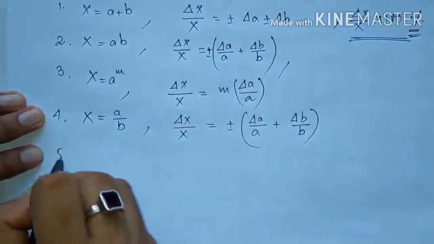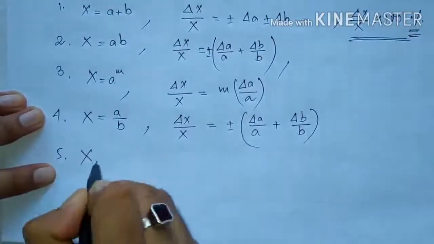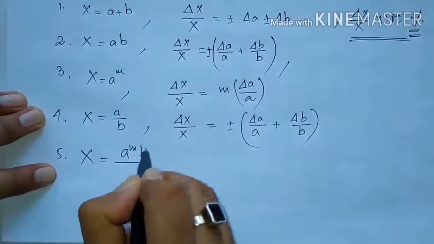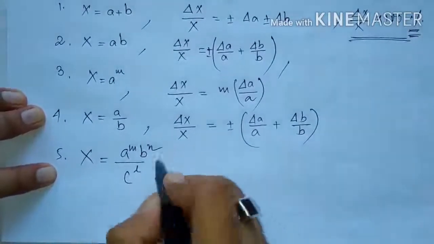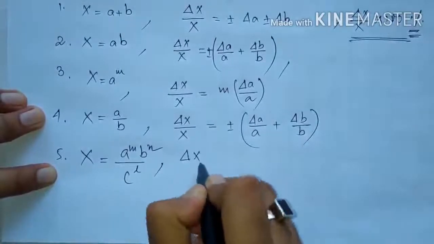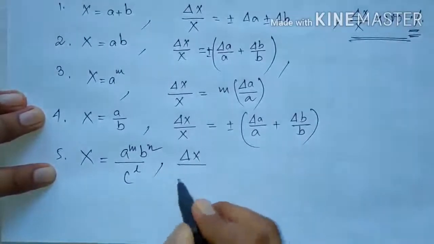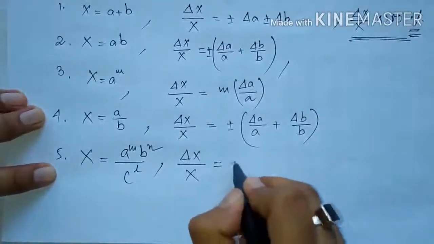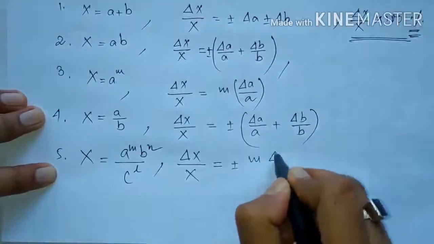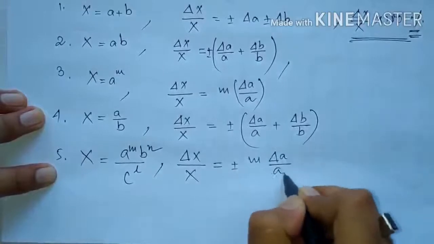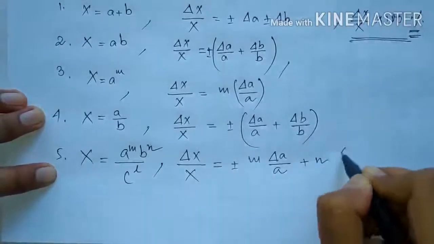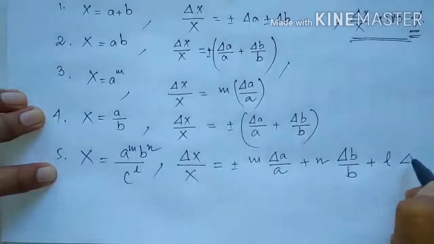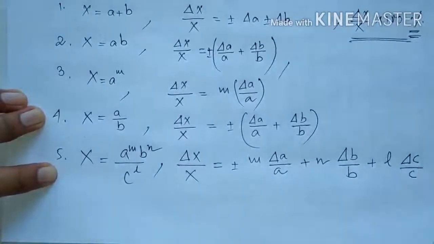And finally, we have written that if x equal to a to the power m, b to the power n by c to the power l, then the relative or fractional error comes out to be delta x by x equal to plus minus m delta a by a plus n delta b by b plus l delta c by c.